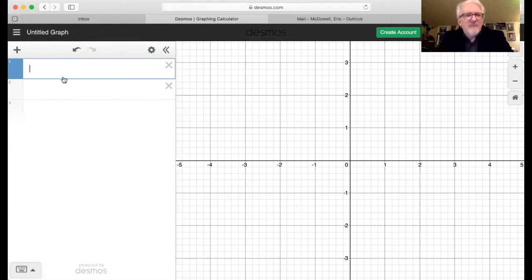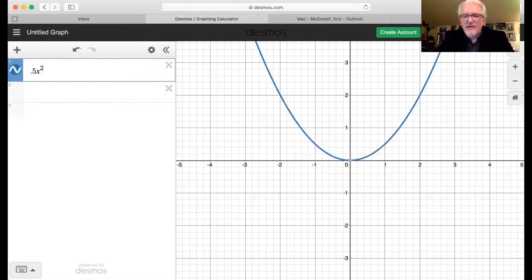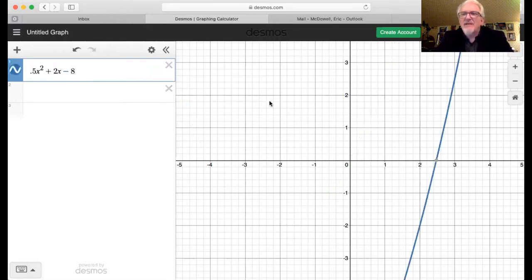You remember what polynomials look like, right? I mean, perhaps if I take 0.5 x squared plus 2x minus 8, something like that.